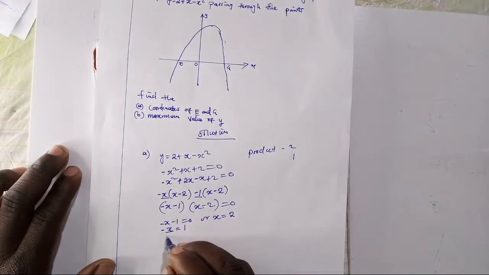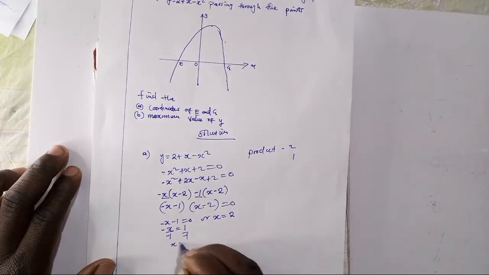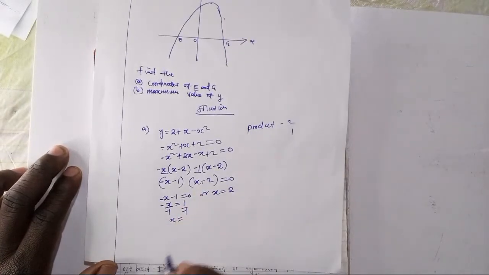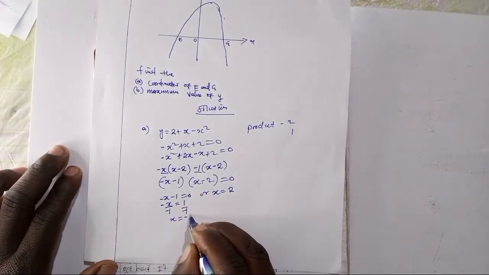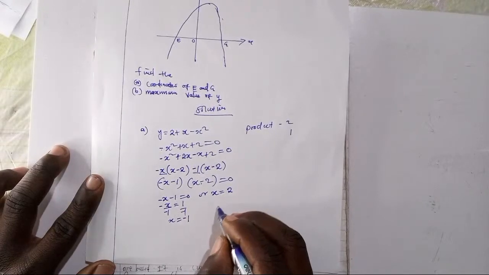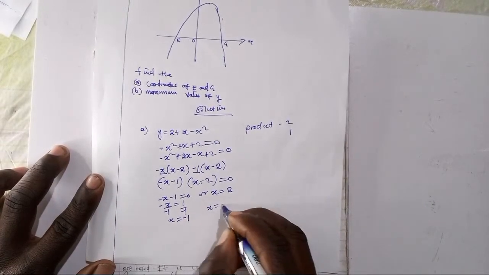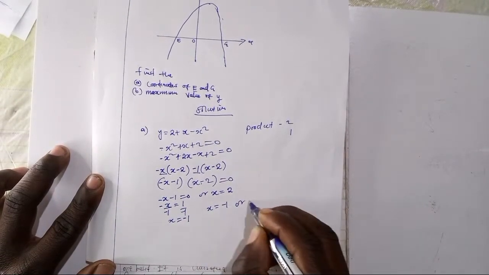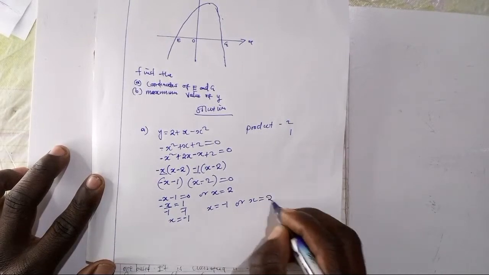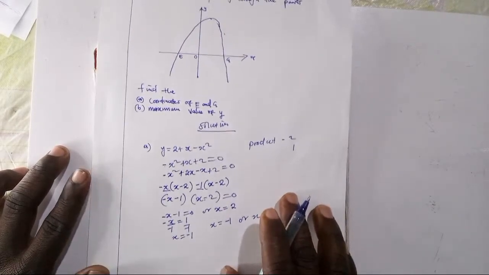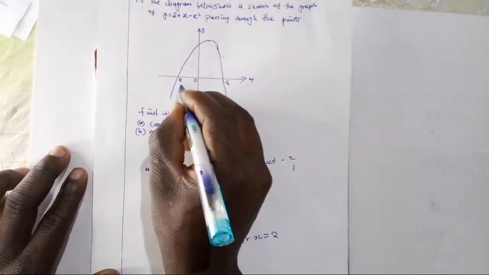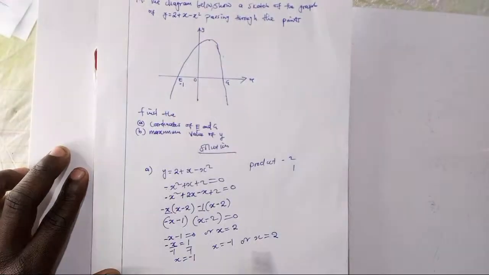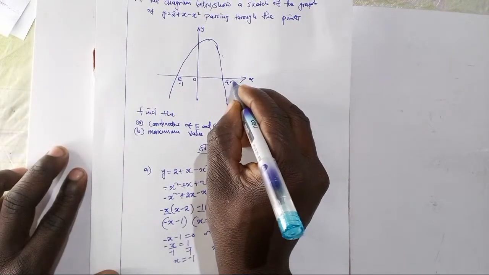Then you divide by negative 1, so x equals minus 1. Our values for x are x equals minus 1 or x equals 2. Where x is negative 1, it is here at E, and at G it is 2.